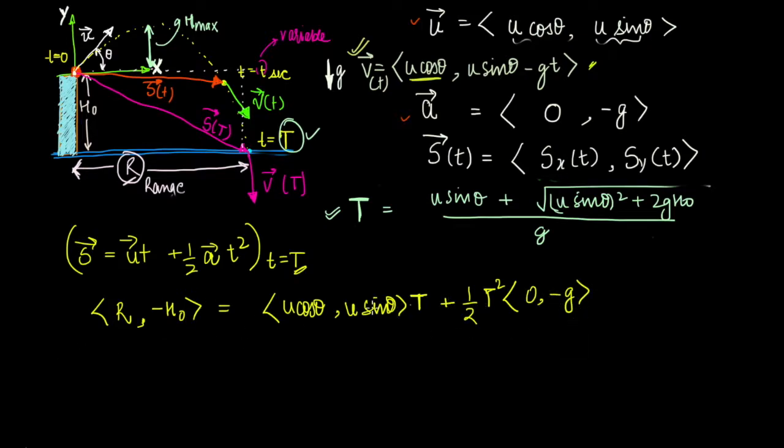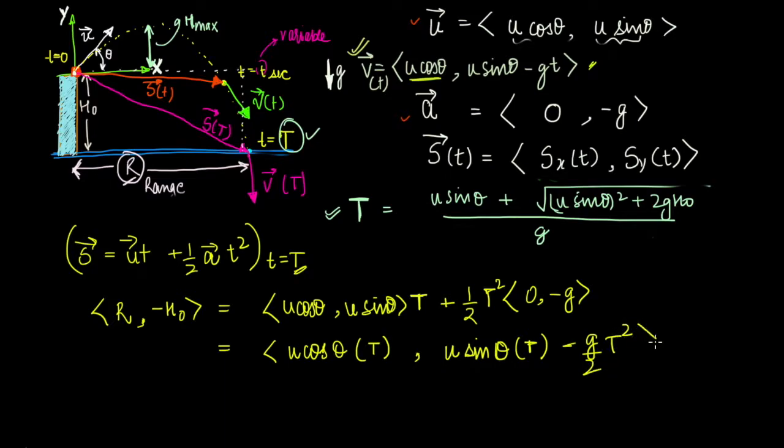Adding all the components, the x component gives u cosine theta multiplied by capital T, since the x component of acceleration is 0, that's the only term that remains. And on the y component side, you get u sine theta times capital T minus g by 2 capital T square. So you get the vector R comma minus h sub 0 equals this vector.